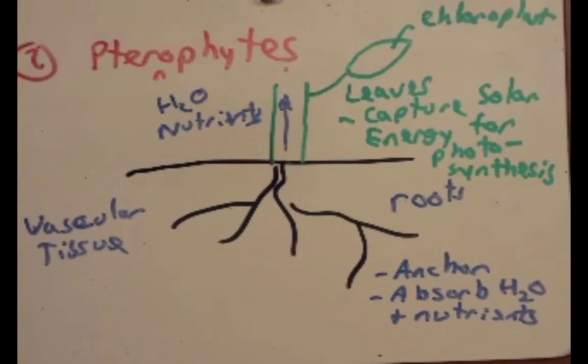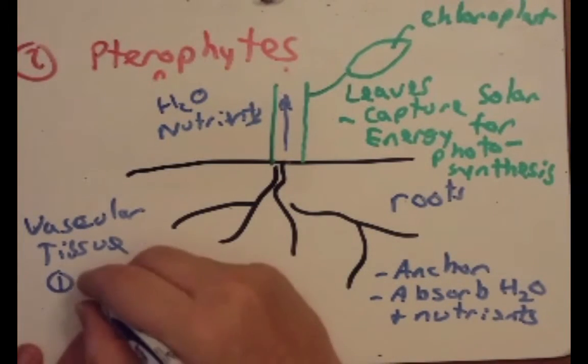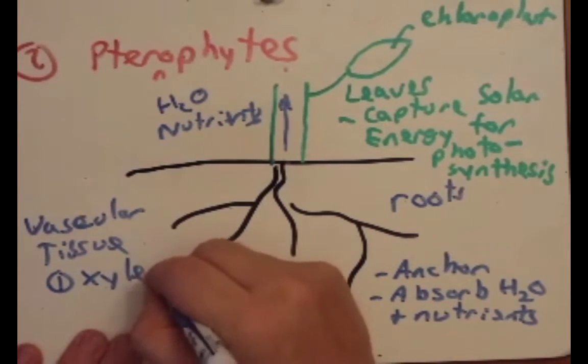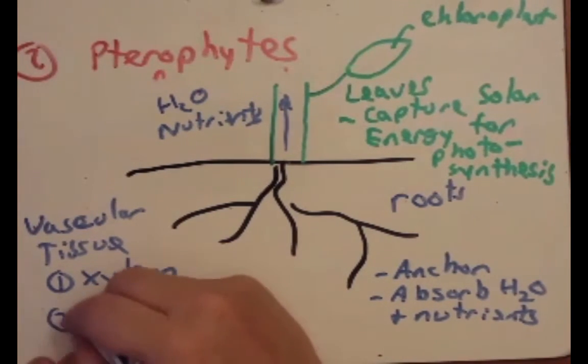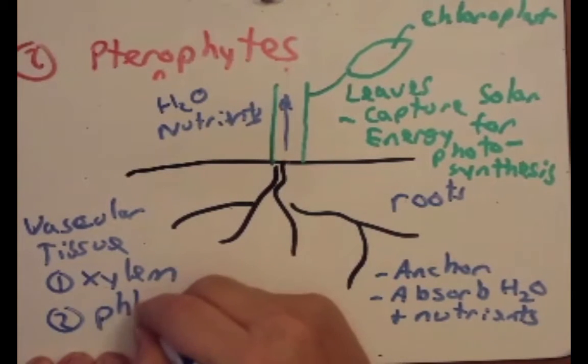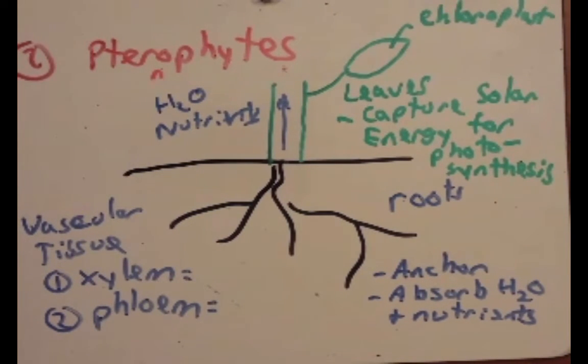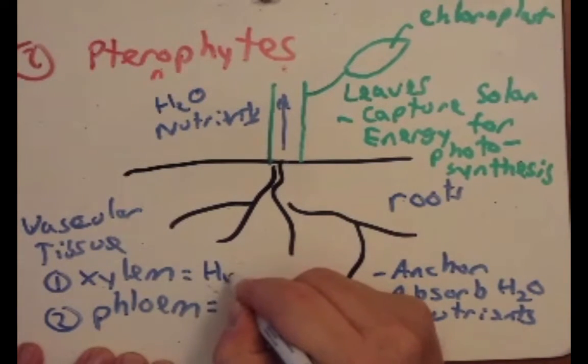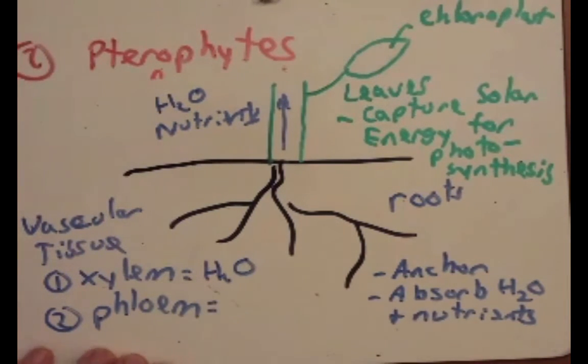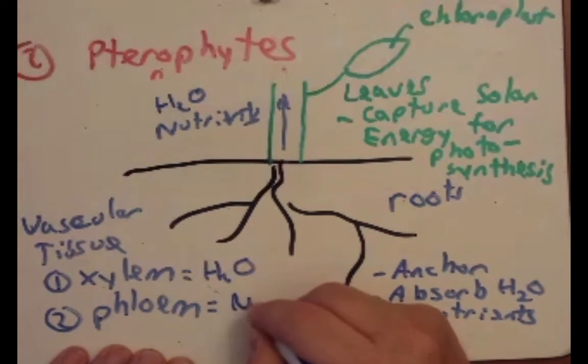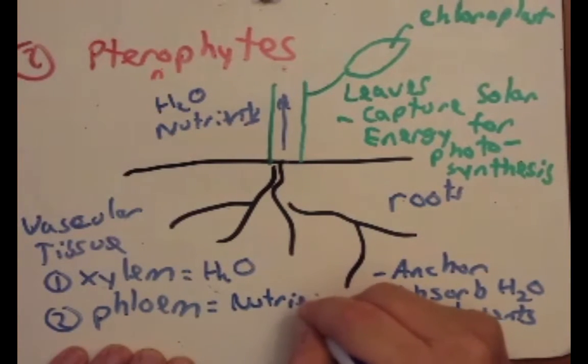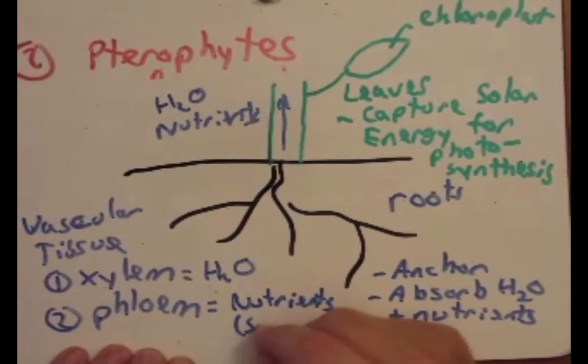Vascular tissue can be one of 2 types. It can be xylem or it can be phloem. Xylem is part of the vascular tissue that transports water, as well as any dissolved minerals. Phloem transports nutrients, like sugars.